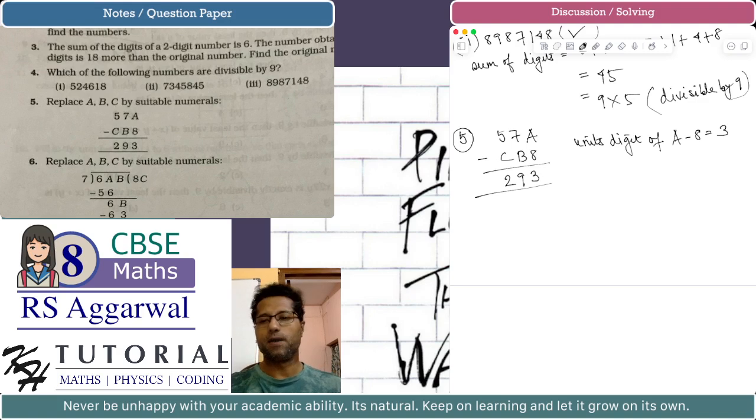definitely this will imply that the maximum value of A is 9, and 9 minus 8 is equal to 1. So A has to be less than 8, which means A has to be 13 minus 8.